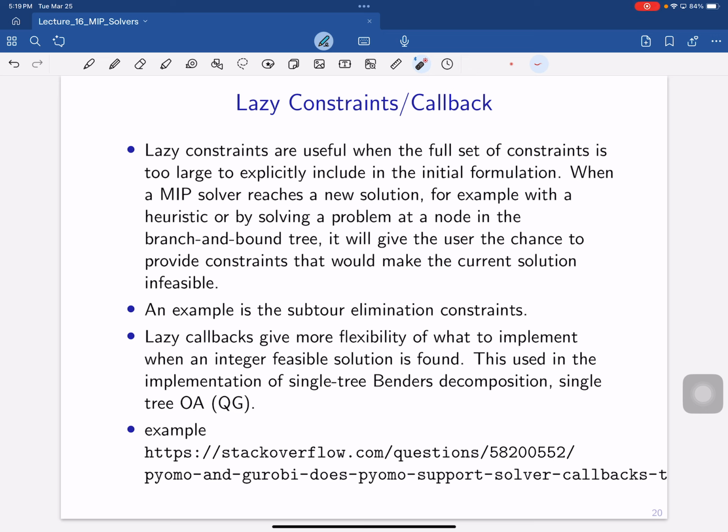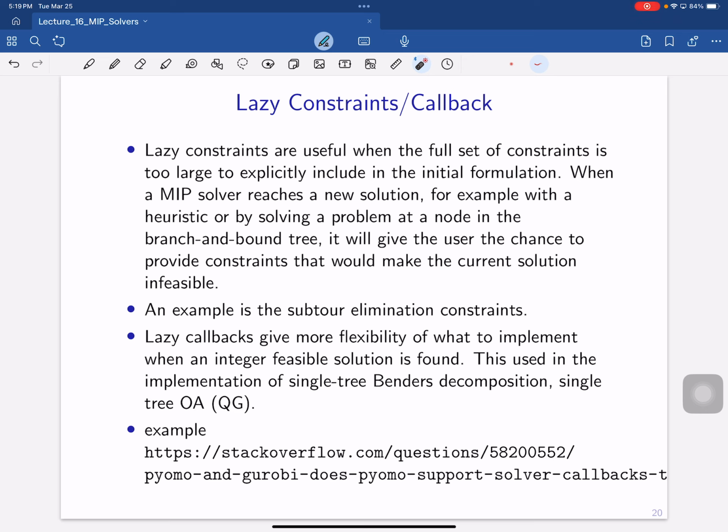If this feasible solution violates any of those lazy constraints, you will add those constraints back to the problem. So they are added on the fly during branch and bound, only when your current solution violates those lazy constraints.